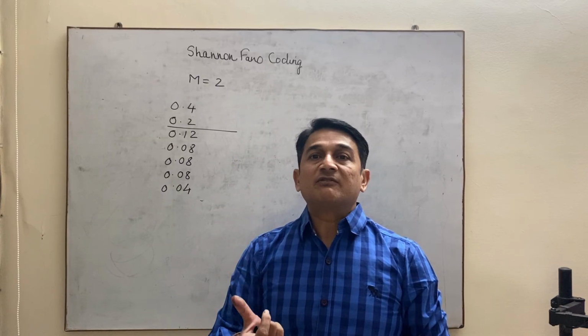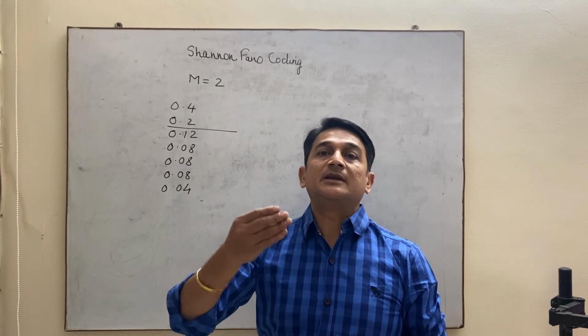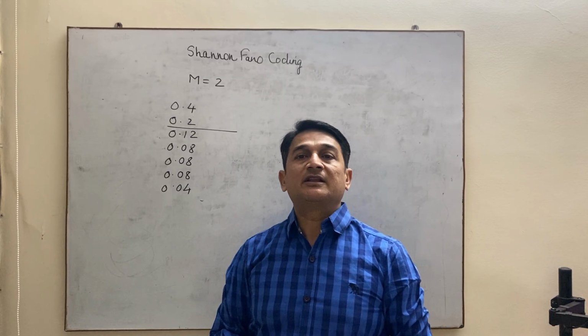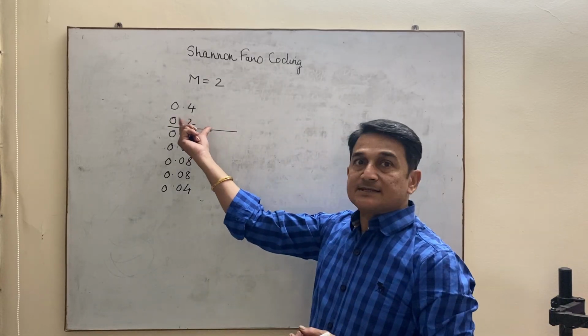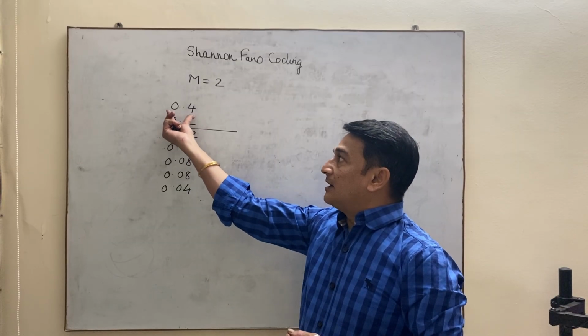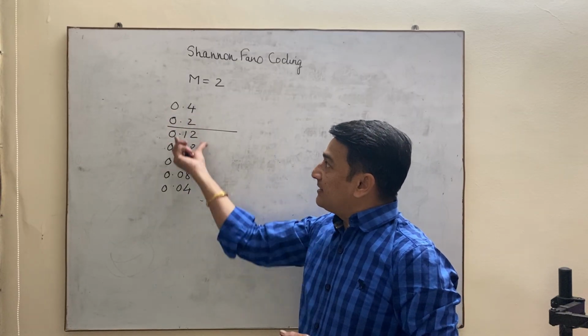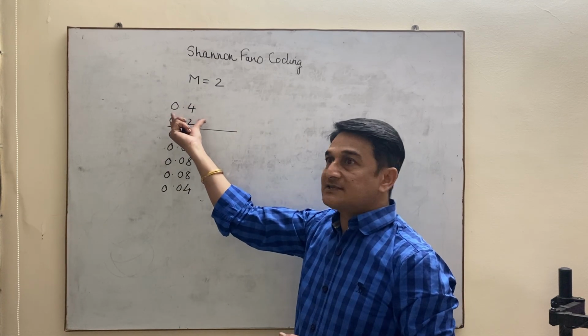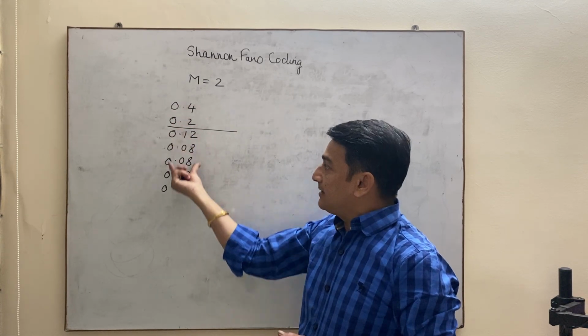But it is not always necessary that all the sets will have the same probability, because the probability may differ in the values. In this case, we can divide these probabilities by taking the first 2 messages in the first set and the other messages in the second set.